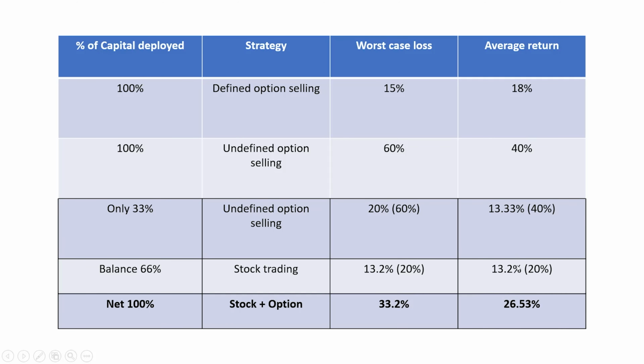So this combined strategy of undefined option selling and stock trading is tax effective also. Now if you are not comfortable with this 33.2% worst case loss, you can also go with a much reduced undefined option selling, that is 25%, and 75% for stock trading, which will reduce the worst case loss to a bearable limit, and your average return will also reduce likewise.